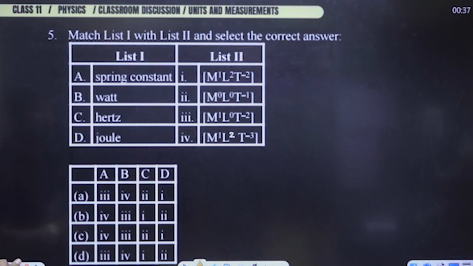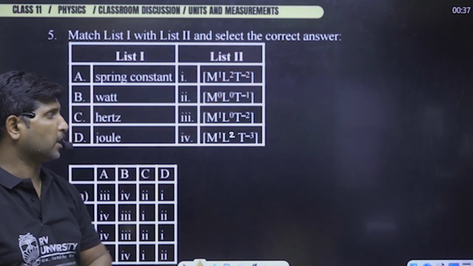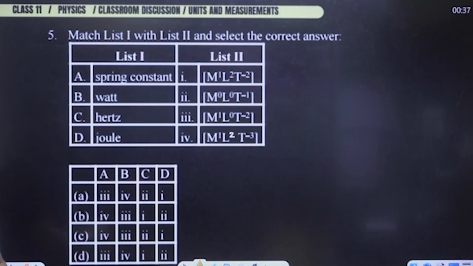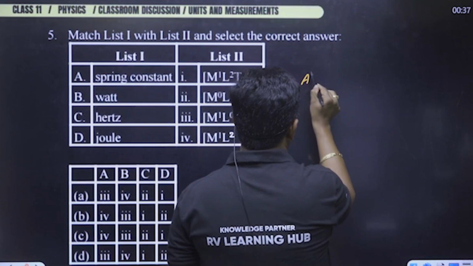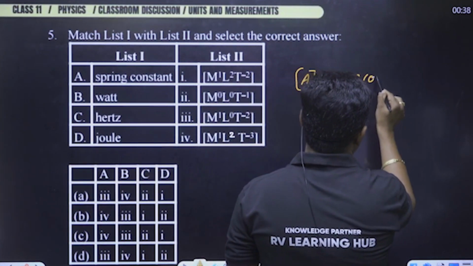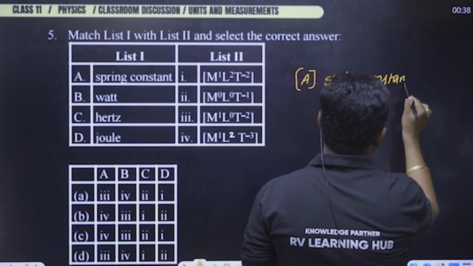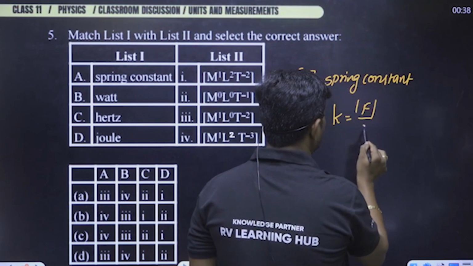What are they saying to us: match list 1 with list 2 and select the correct answer. First of all, what is the spring constant here? Spring constant is denoted by k, and it is always equal to force by x.